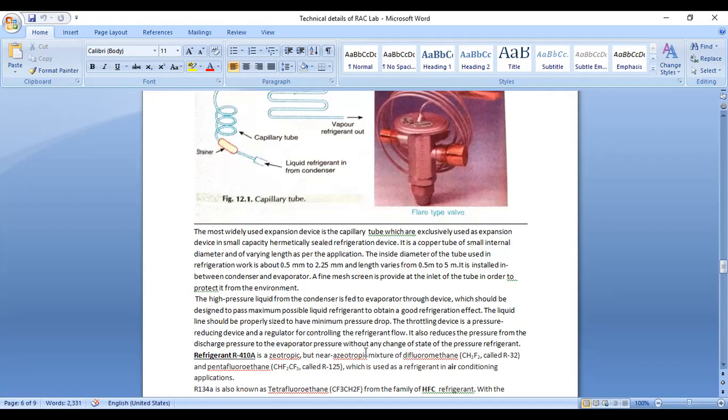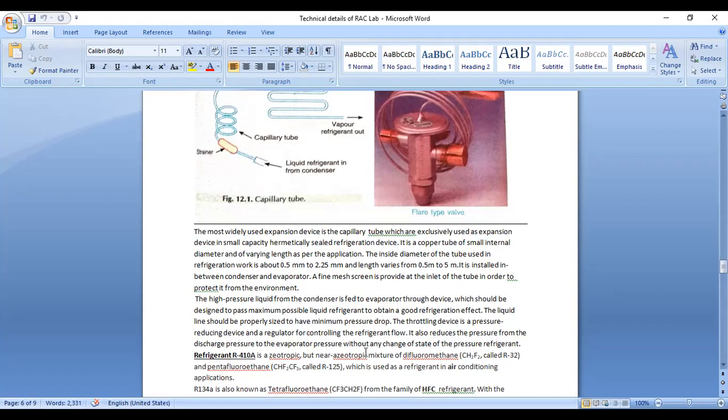So what it is doing is allowing the flow of the maximum possible refrigerant by means of its internal diameter, but not all of it. Thus the liquid refrigerant formed goes to the evaporator, and it is properly sized to have the maximum pressure drop.